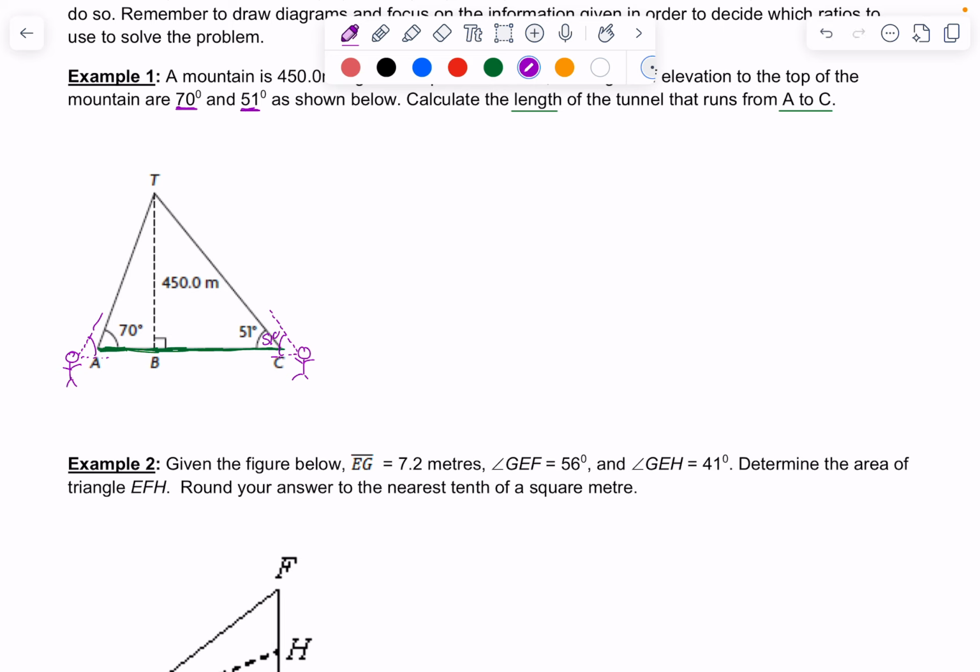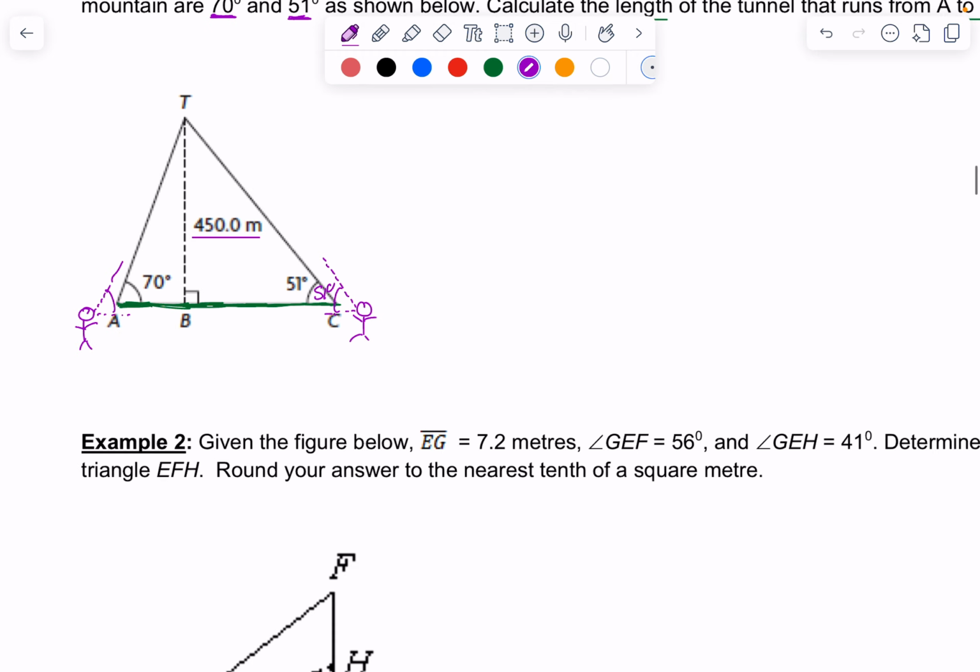So we need the green line based off this given information, and this is also how high the mountain is. If you can see, we actually have two right angle triangles, the first one being what I'm highlighting in blue.